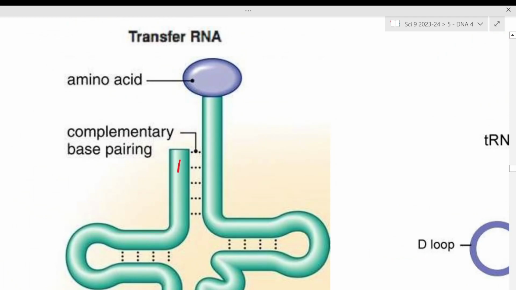So over here you might have an A, and over here you might have a U. Over on the left you might have a C, and over on the right you would have a G. And then if we had a U on the left, on the right we would have an A. And if we had a G, then we would have a C. Okay, so it sticks to itself.